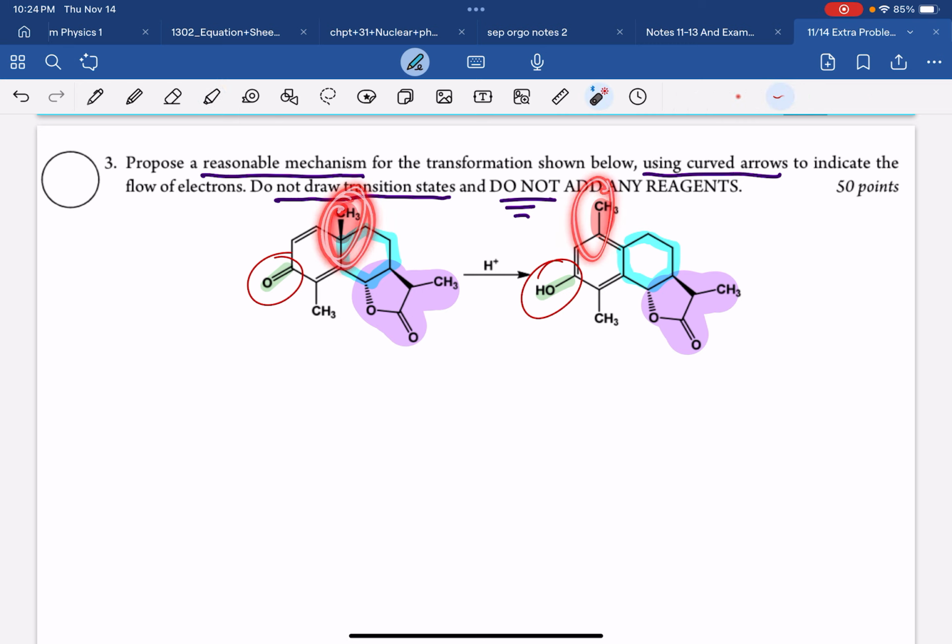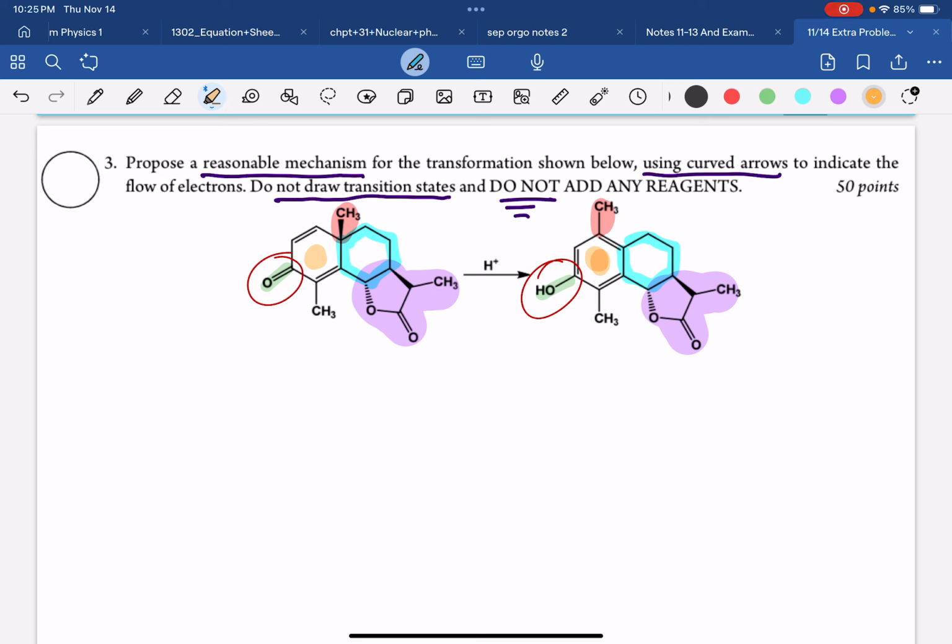It was on the right, now it's on the left. And then the last thing we notice is when we look at the double bonds, this was a disubstituted alkene here, and then it became a benzene.